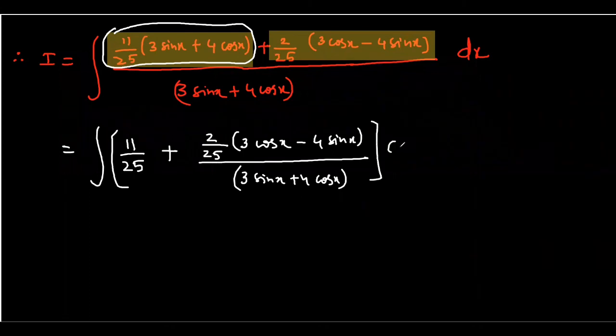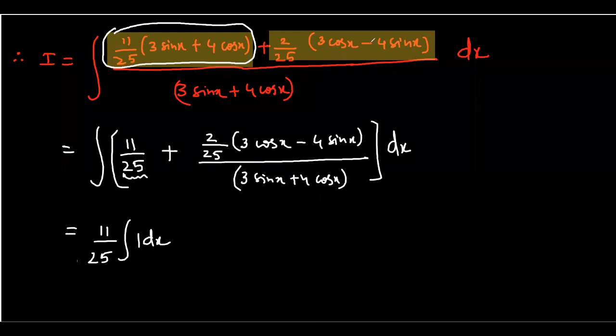And you know, students, the next step, I will write separate integrals. So integral of 11 upon 25, which is a constant, 11 upon 25 dx, plus the integral of this whole thing. Here 11 upon 25 being a constant, I write it out, and I get integration of 1 dx, so I am left with 1 only.